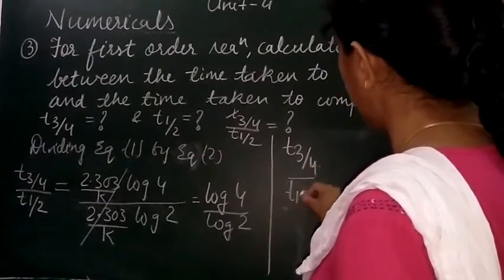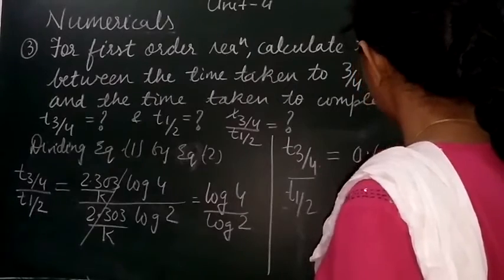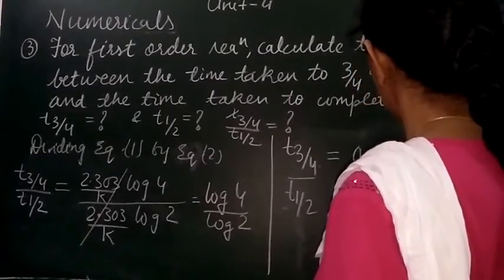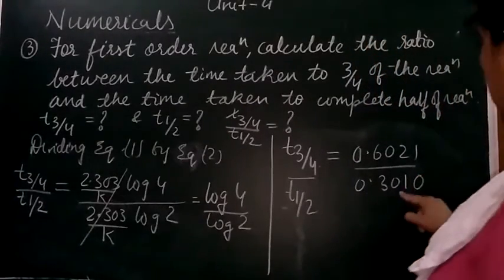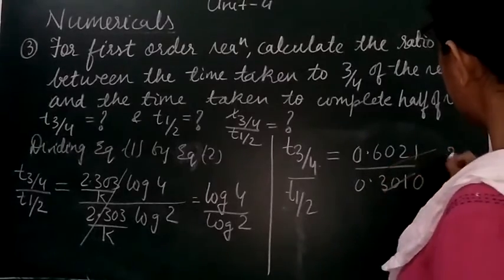We are just putting the value of log 4 and log 2 here. It's 0.3010 which will come. You can do it in this way also.